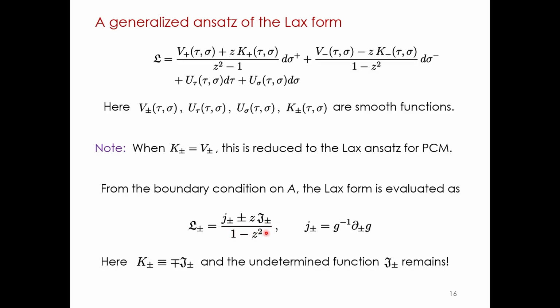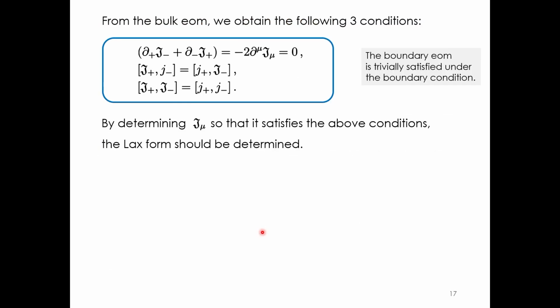So this Lax form still has unknown functions. So this is a big difference from the previous one. So anyway, this unknown function remains, but let's proceed with the computations.